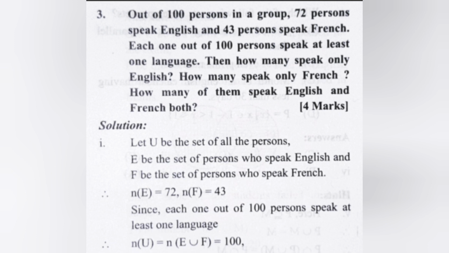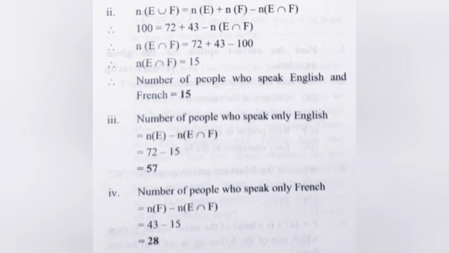Okay, so if we put together all the persons who are speaking English and French, some of them may speak both, and some may speak only one language. But each and every person speaks one of the languages, so that's why number of U is equal to E union F. Secondly, we have the formula: number of E union F is equal to number of E plus number of F minus number of E intersection F. Out of this we have three data: E union F is equal to 100, number of E is equal to 72, number of F is equal to 43.